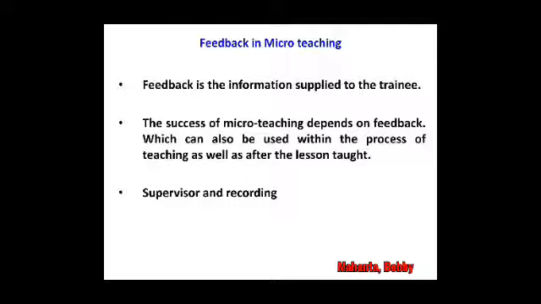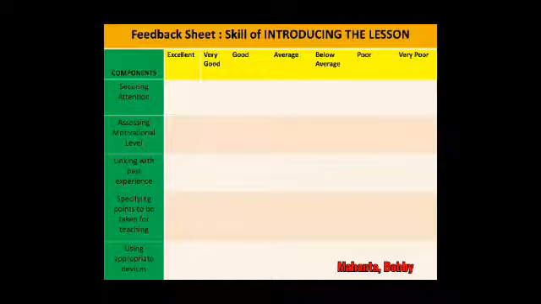Accordingly you can bring about certain modifications, and recording would help to check the pace of your teaching, how slowly or how fast you have developed the skill. That's very important for you to improve, and also for record keeping.